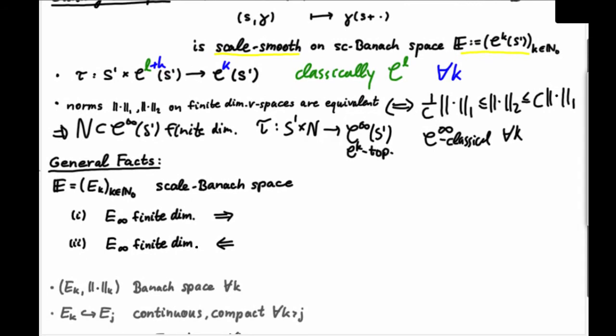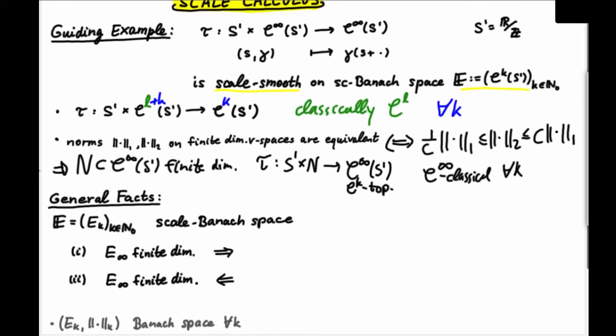So that's one direction, and that is in fact a general fact. If you have a general scale Banach space and a finite dimensional subspace, then, well, first of all, oh goodness, sorry. Right, this is about scale smoothness.